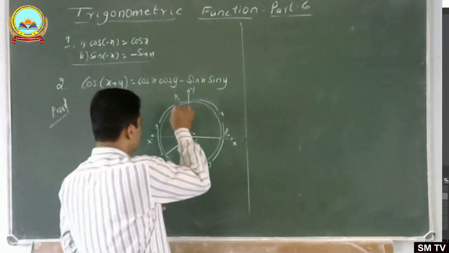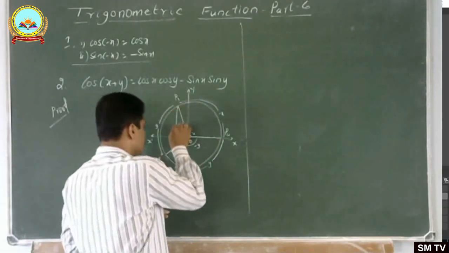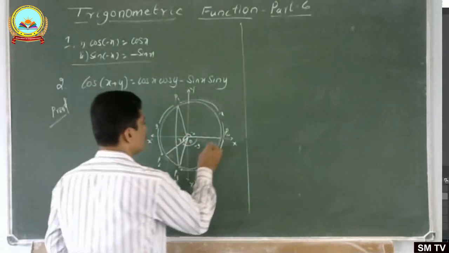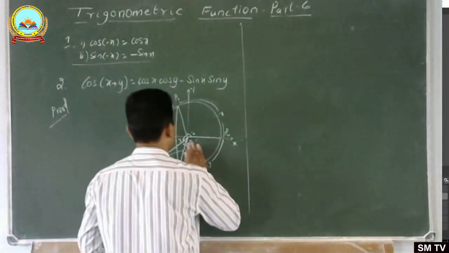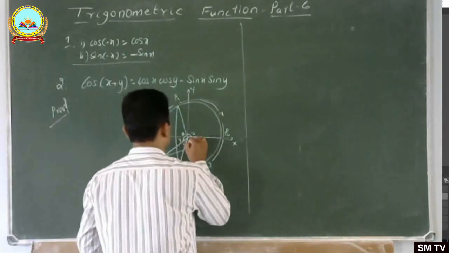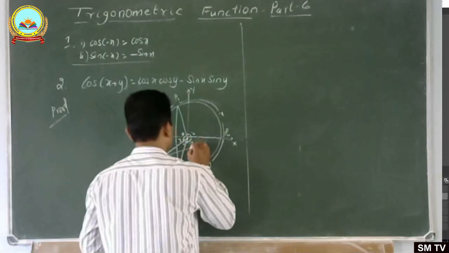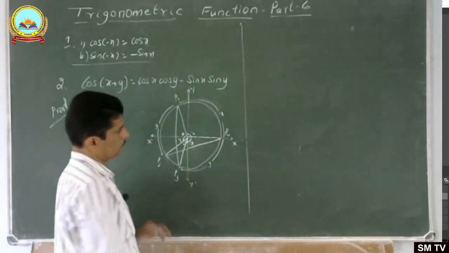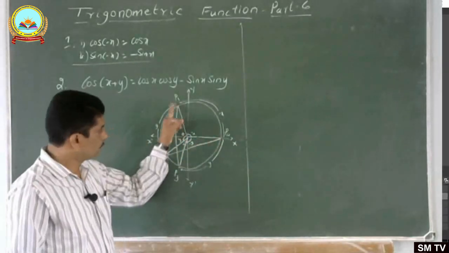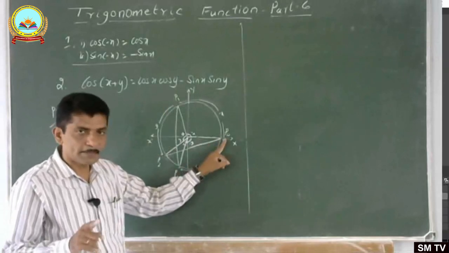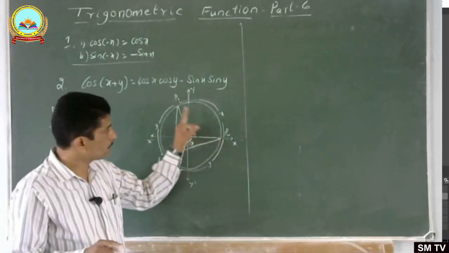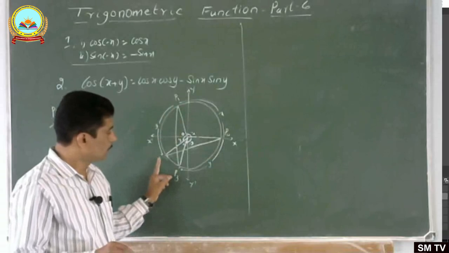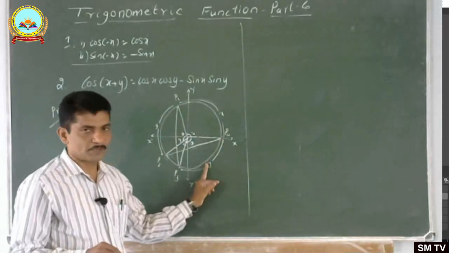Suppose here joining P1P3 and also P2P4. Carefully, I said that P1, P2, P3, P4 are points on a circle such that arc length P1P4 is equal to x unit, P1P2 is equal to y unit, and P3P4 is equal to y unit.